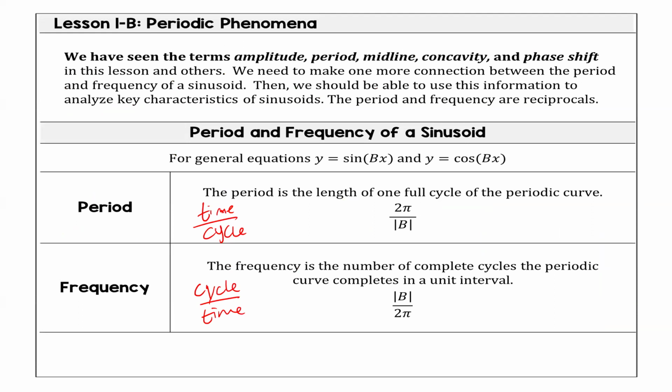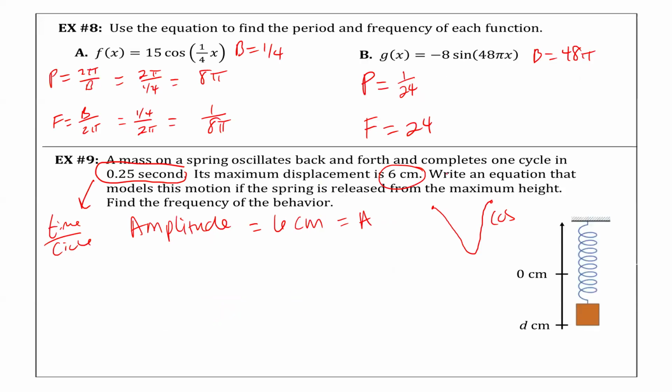Anytime it's the time over the cycle, that is our period. And we know that period equals 2 pi over B. It tells us how long it takes to complete one cycle.